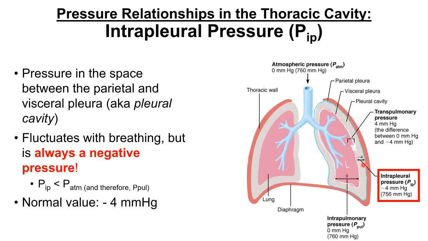So a negative pressure meaning that it is always below atmospheric pressure. And although it does fluctuate with breathing, it's always about 4 below atmospheric pressure. So the intrapleural pressure, as we can see, is less than, it's negative relative to the pressure that's actually in the lungs. And therefore, it's below atmospheric pressure.